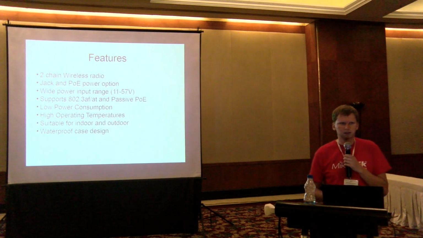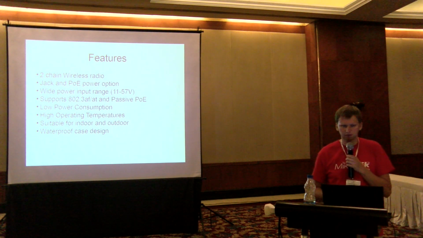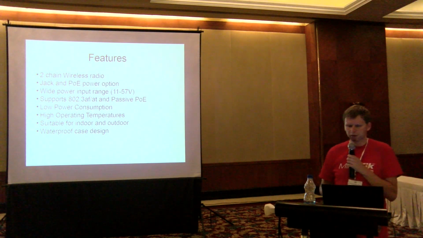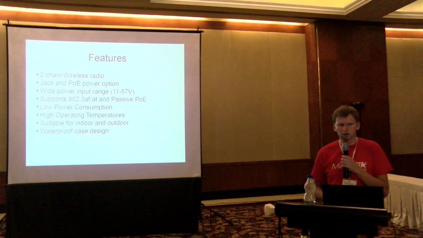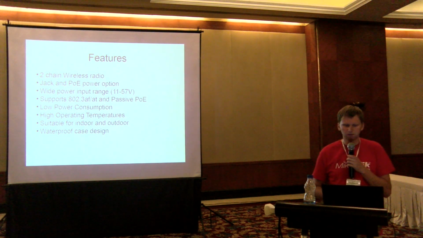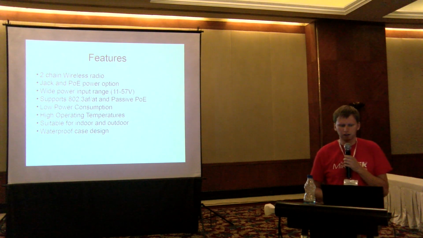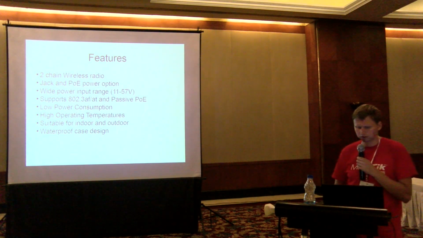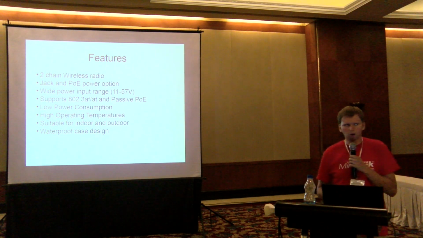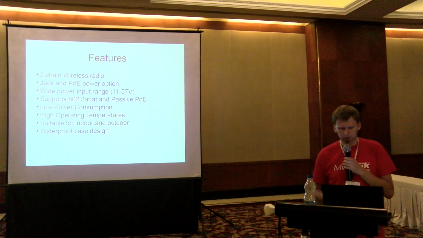And as well, it supports passive and active PoE. So it's very universal power. And of course, since it's a small device, it doesn't consume a lot of power, so it has low power consumption, and it can work in high operating temperatures. And of course, it's suitable for indoor and outdoor use. Since it's for outdoor use, it also has a weatherproof, waterproof case.